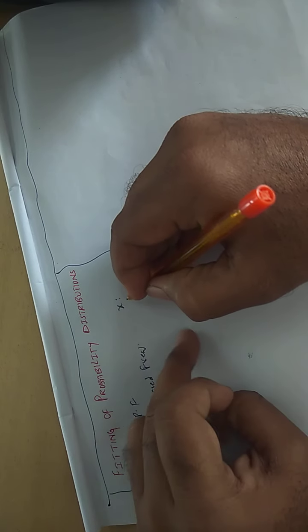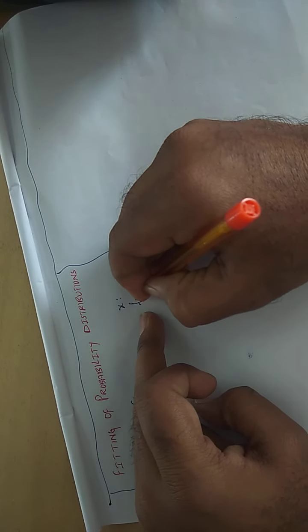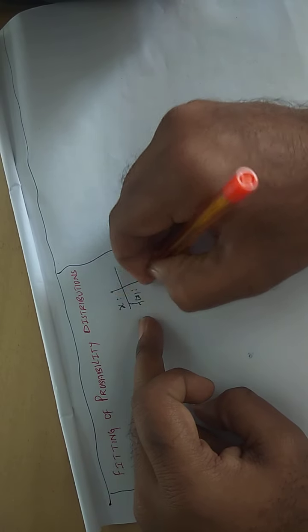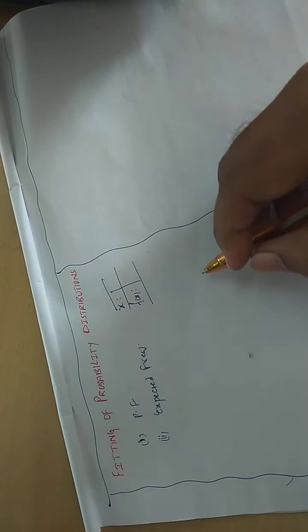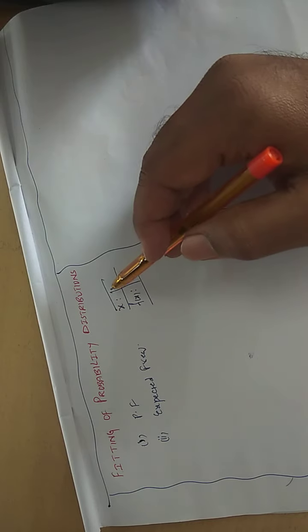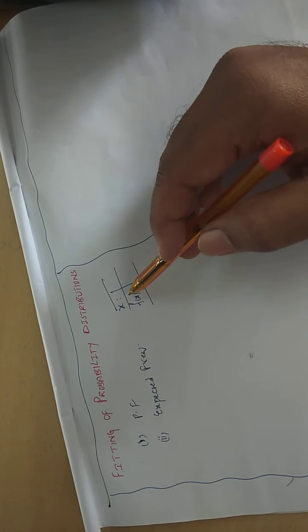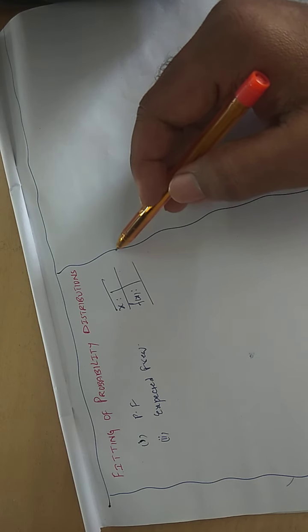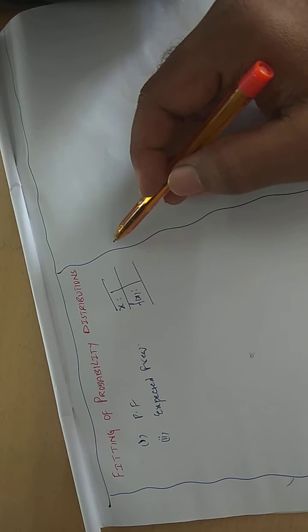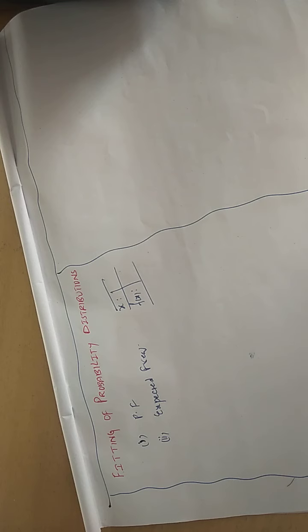X variable will be the number of mistakes 0, 1, 2, 3, 4, and how many times those mistakes are repeated: 10 times, 15 times, 20 times, like that. To this data you need to fit an appropriate probability distribution.